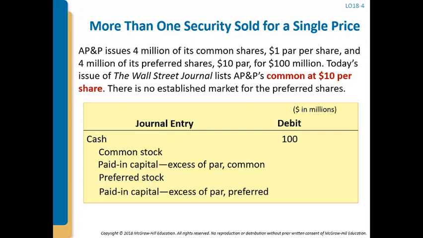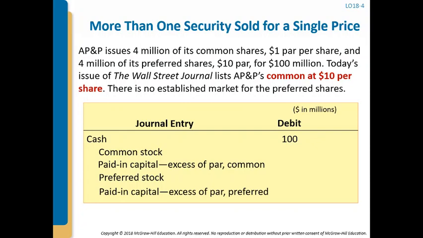And so that means that 40 million of the 100 million are in common shares. That's 4 million times the $10 per share market value of the common shares.